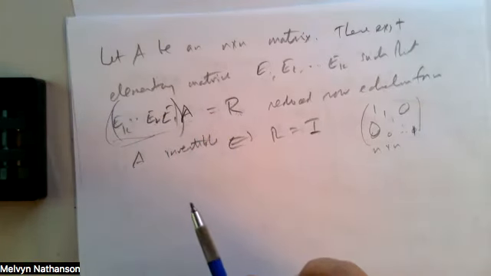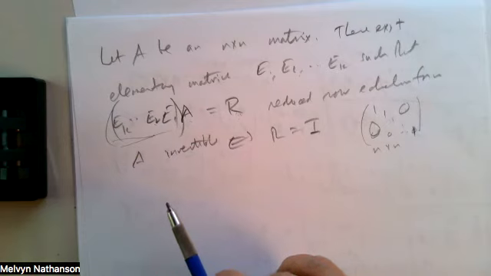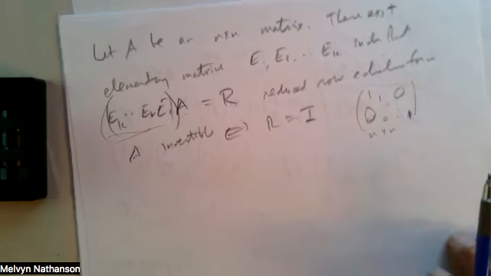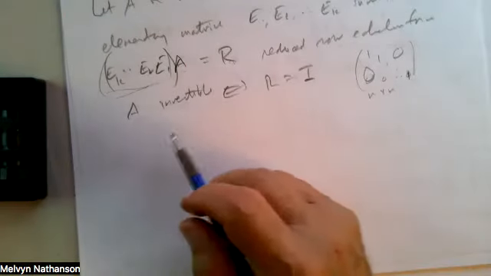The product of the elementary matrices is going to be the inverse. Let me see if I have a nice example of this. Well, let's just take the simplest example, the one we always use.